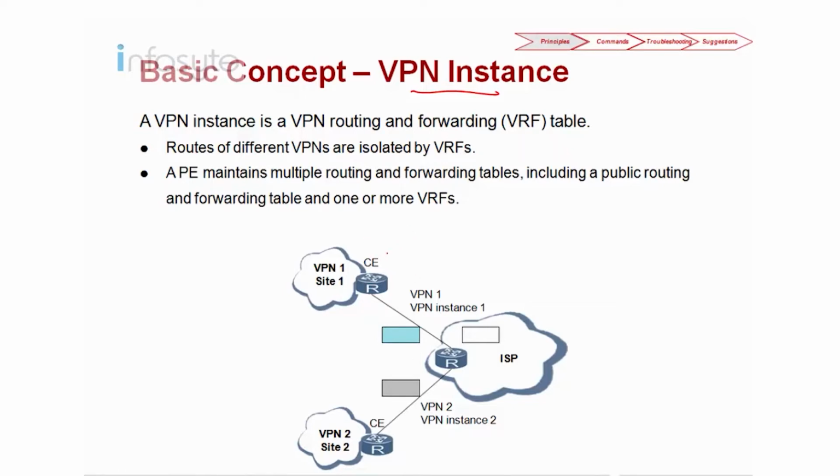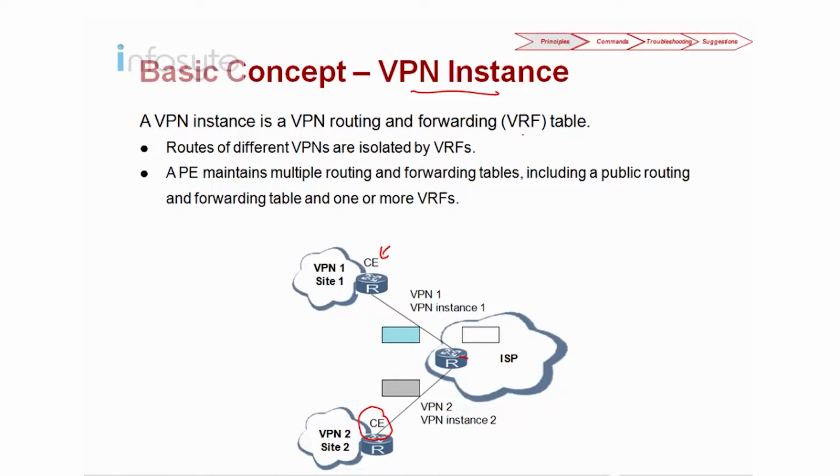So I have a CE under VPN 1 and another CE under VPN 2. I don't care which address space VPN 1 and VPN 2 are using, even though they are the same, it will not duplicate or affect anything, even though they connect to the same PE equipment.